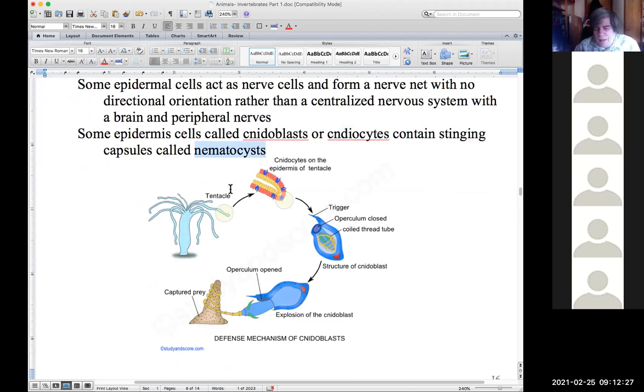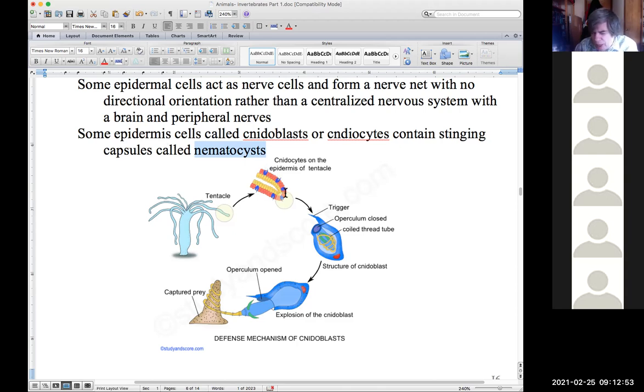This nematocyst is going to be how organisms in this group catch their prey. There are none of these organisms that are vegetarians. They're all carnivorous. We sometimes think of carnivores as lions eating zebras, but it could be jellyfish or coral eating smaller organisms that are animals too.